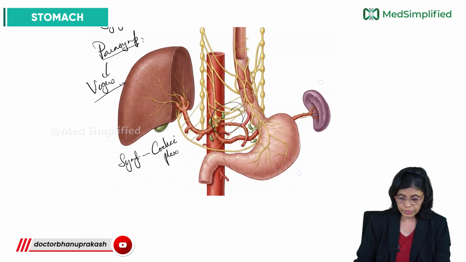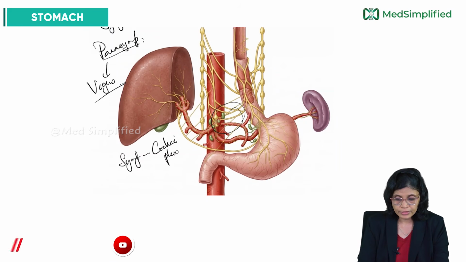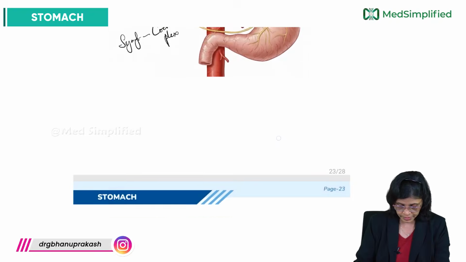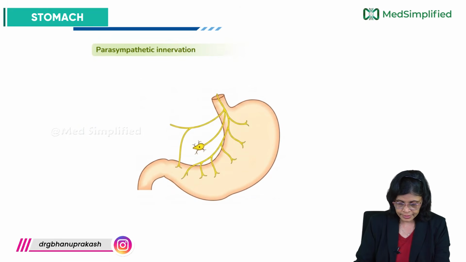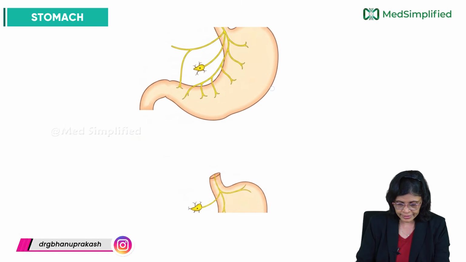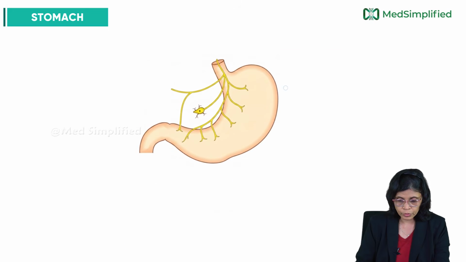The parasympathetic supply is derived from both the right and the left vagus. They form the anterior and posterior trunks. The anterior vagal trunk basically consists of one or two bundles.